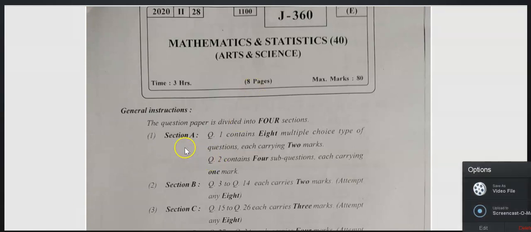This is the section A. Question number 1 contains 8 multiple choice type questions, each carrying 2 marks. And question number 2 has 4 sub-questions, each carrying 1 mark. Then section B is question number 3 to 14.